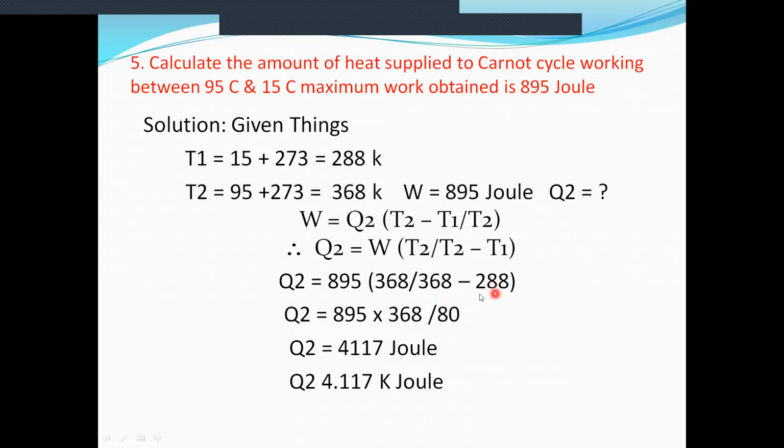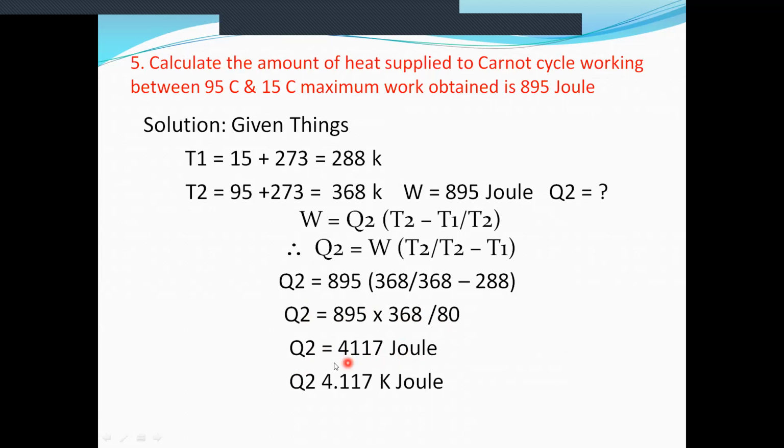Now this 368 minus 288 becomes 80. Remember, do the calculation, 368 minus 288 becomes 80. Now 895 into 368 divided by 80, if we do the calculation, it becomes 4117 joule. So Q2 is equal to 4117 joule.